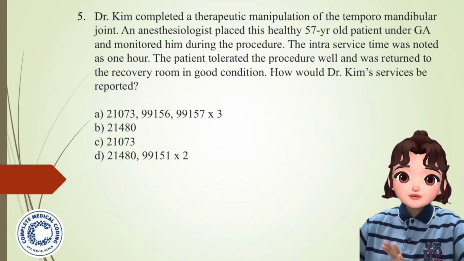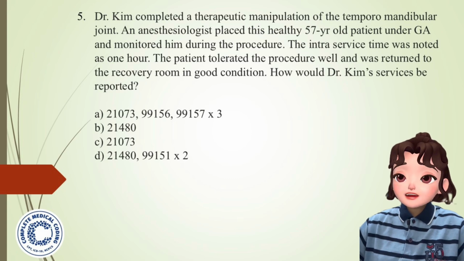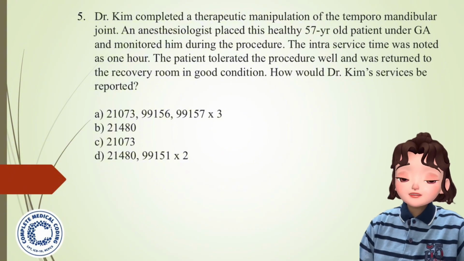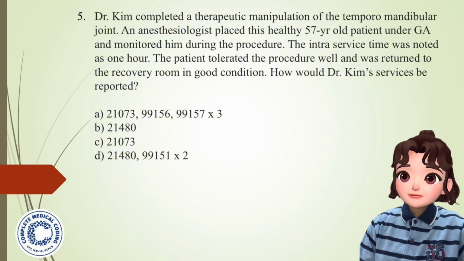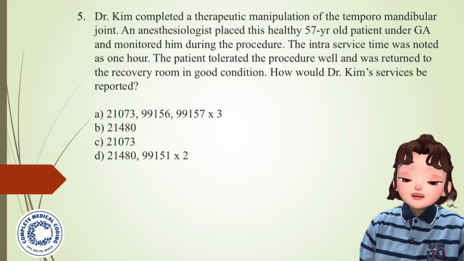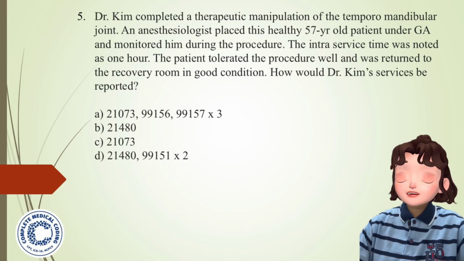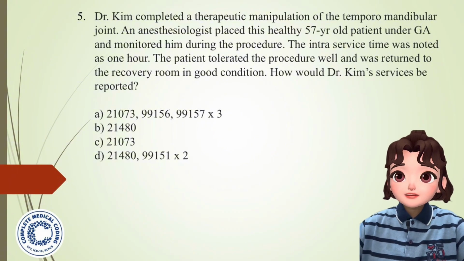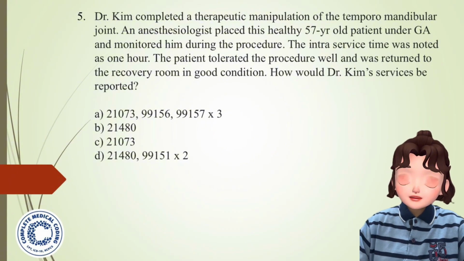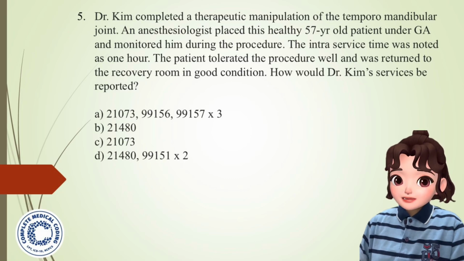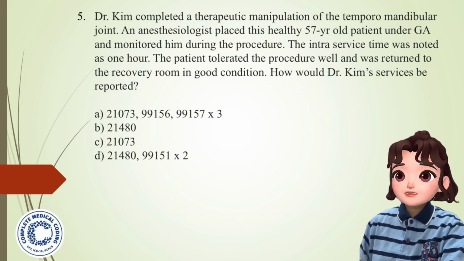So you don't have to go for the other monitored care service codes which are mentioned in option A, 99156, 99157, all those are not required because it is already mentioned in the CPT code 21073 description, right? So you don't have to code it separately. So you got the answer, right? You got the answer as option C, 21073.